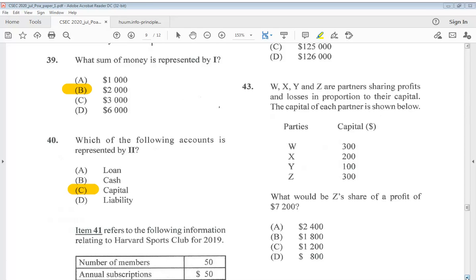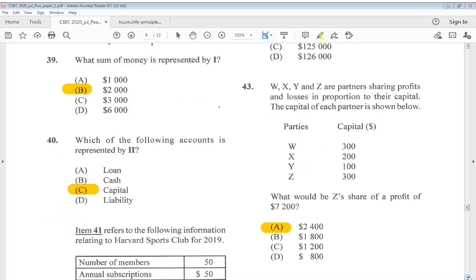So what we simply do is find Z's share out of the total proportion, and we find that as a product of $7,200. So we would have $300 over 900 times $7,200. And when we simplify and calculate that out, we get A, $2,400.